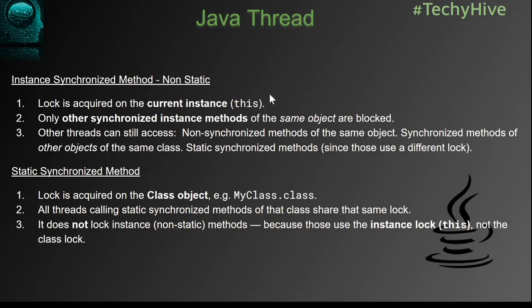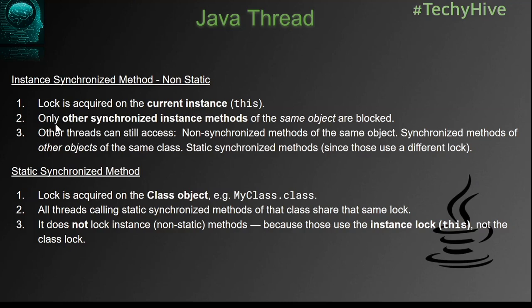Here is a summary of synchronized methods. In Java, we can have two types of methods which can be synchronized: non-static methods, which are called instance methods, and static methods, which are called class methods. In the case of non-static, meaning instance methods, the lock is acquired on the current instance.